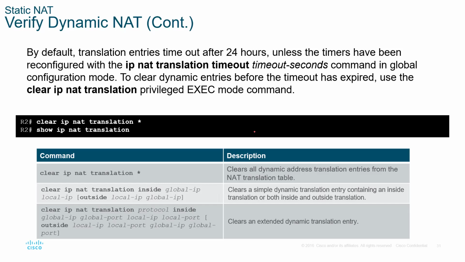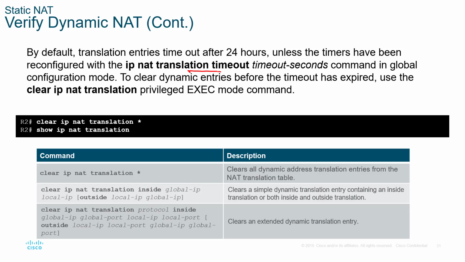After 24 hours, that entry times out. It means PC1 will need to connect to the pool and get a public IP address again after that time. So we can manipulate the time on that timer using this command. You can change how long you want an entry to be timed out.